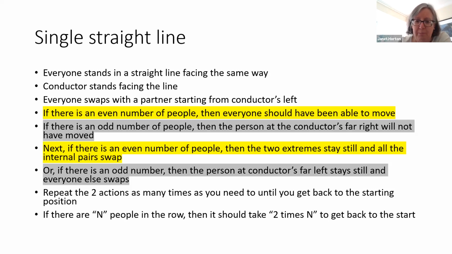Or if there is an odd number, then the person at the conductor's far left stays still and everyone else swaps. And you repeat these 2 actions as many times as you need to, until you get back to the starting position. If there are n people in the row, then it should take 2 times n changes to get back to the start.